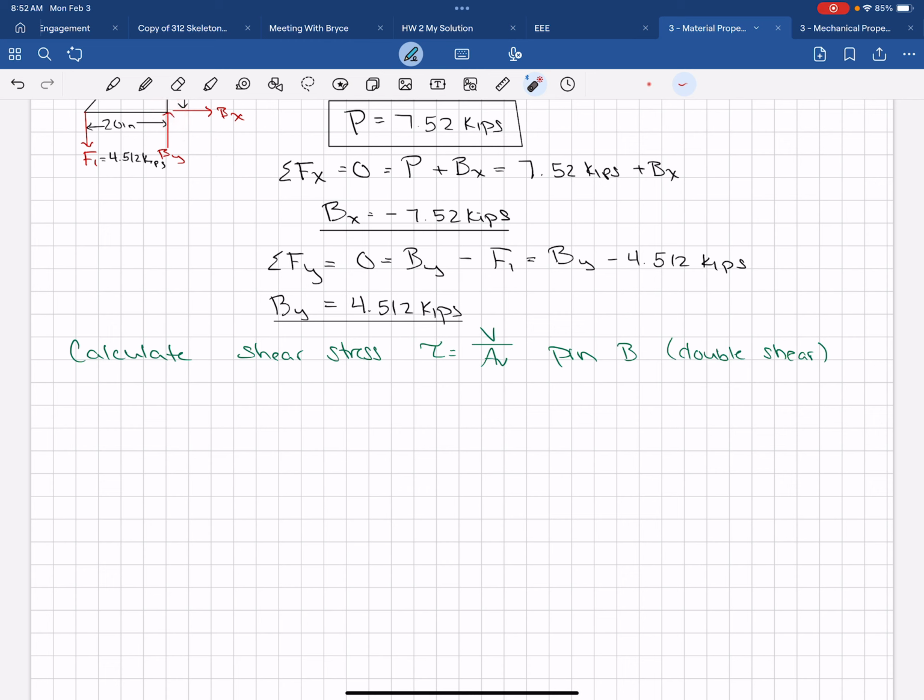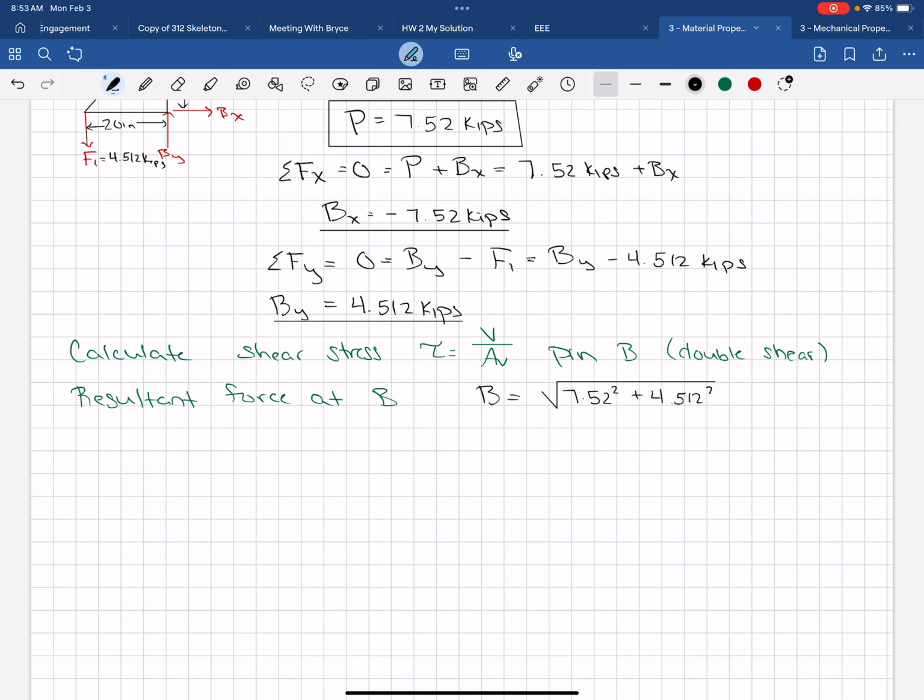So we need the resultant force at B. So that would be B equals square root of 7.52 squared plus 4.512 squared.